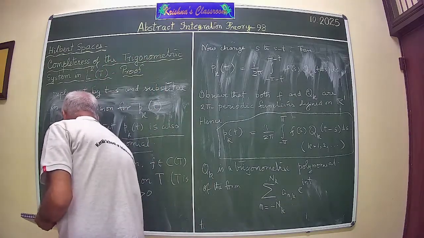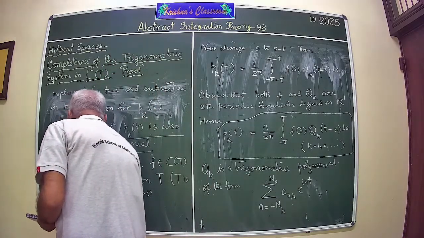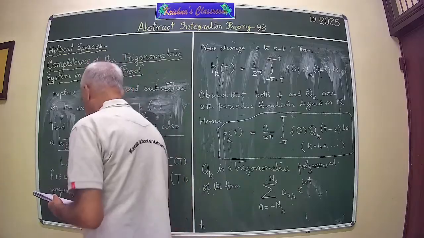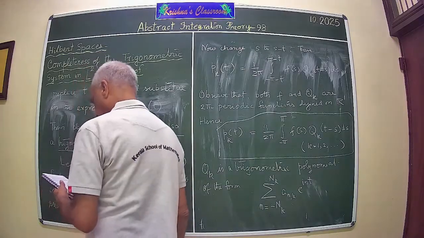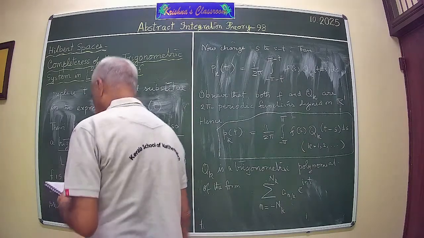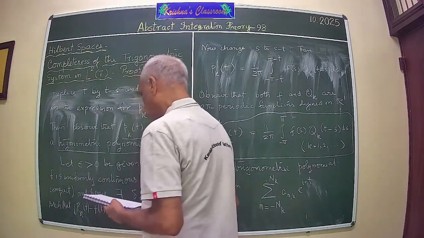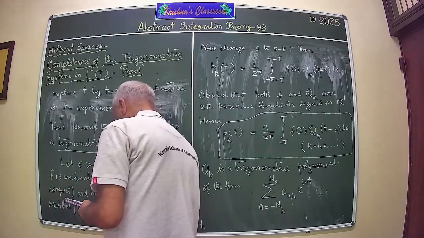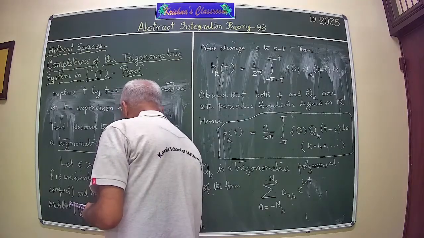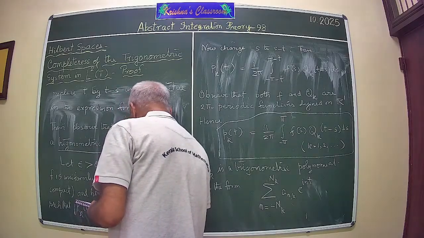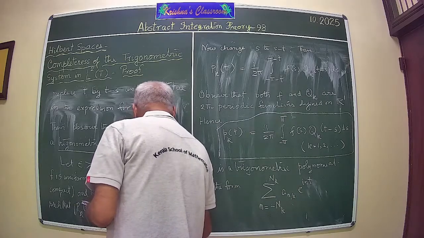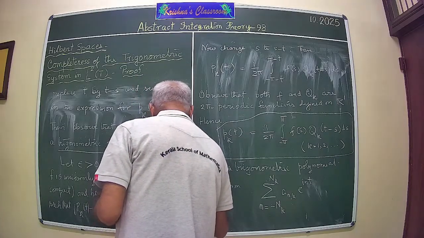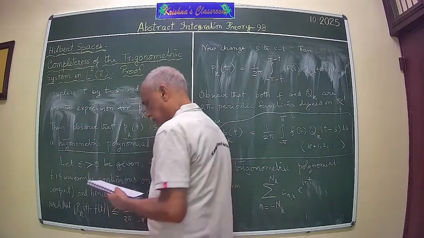PKT minus FT, absolute value of this is less than or equal to 1 by 2 pi integral minus pi to pi f t minus s minus ft. Yes.